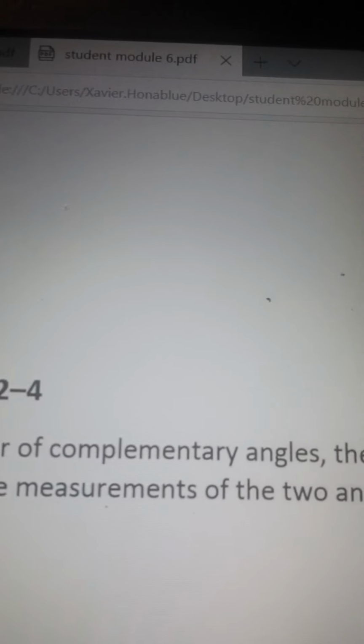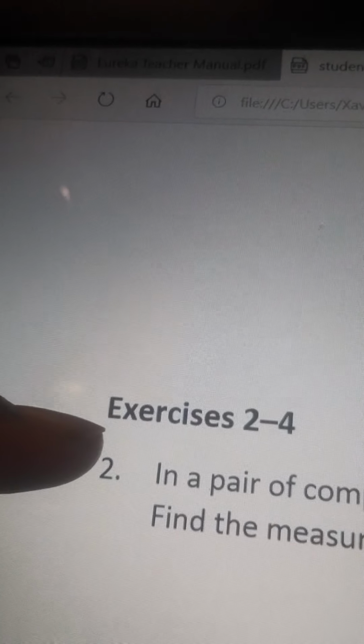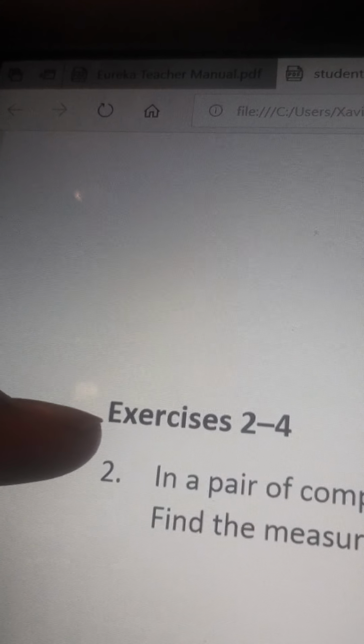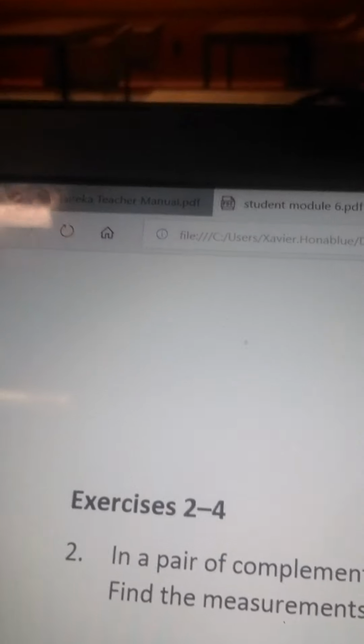And what we're about to do right now is Exercise 2, this problem here. In a pair of complementary angles, the measurement of the larger angle is 3 times that of the smaller angle. Find the measurements of the two angles. So we're going to do this problem right now. You guys did this for homework, so we're going to go over it. Then I'm going to assign another problem. Okay?